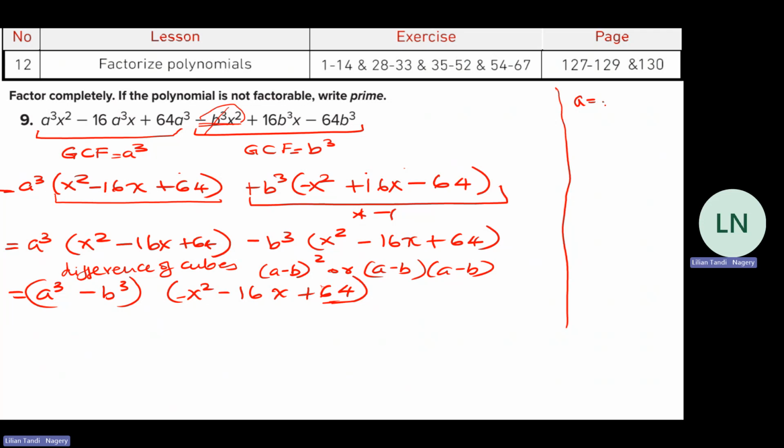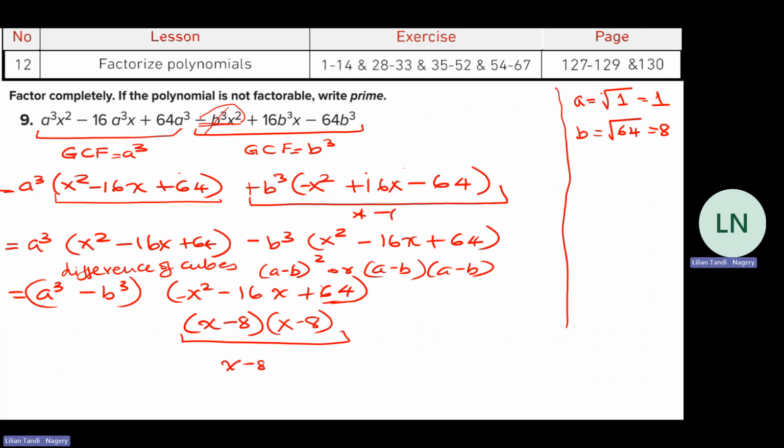A equals the square root of 1, which is 1, and b equals the square root of 64, which is 8. So I'm going to write here x minus 8, x minus 8, just like that. So this one I can write as x minus 8 squared, like that.